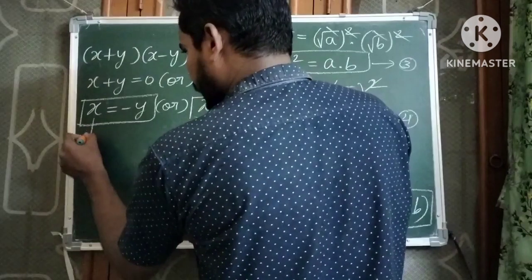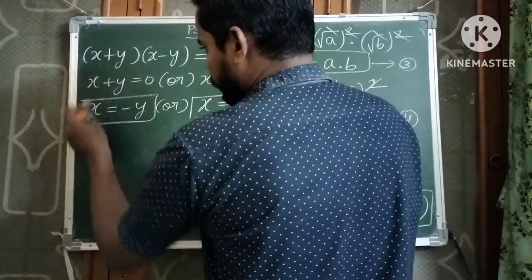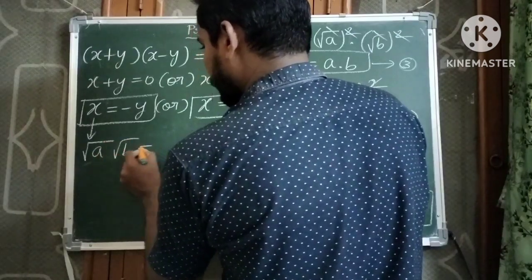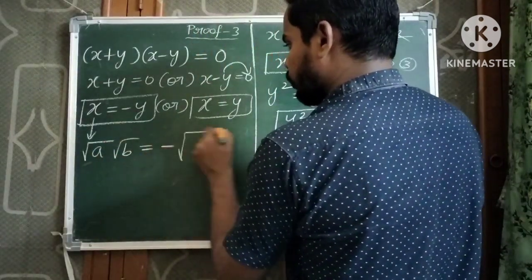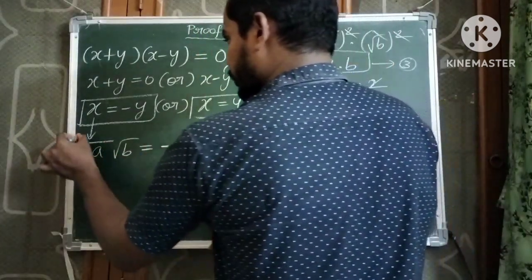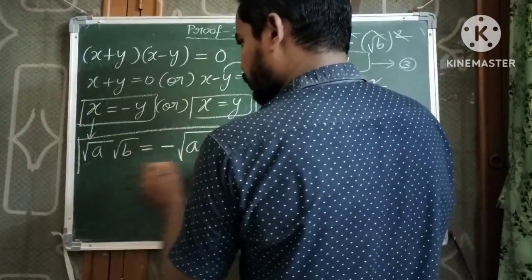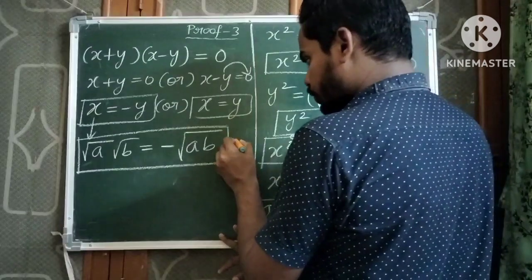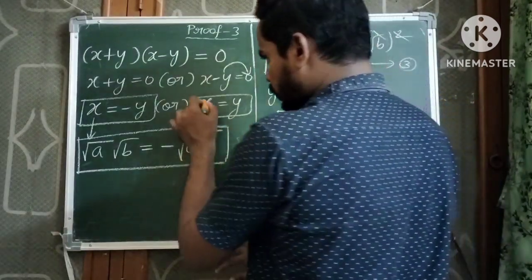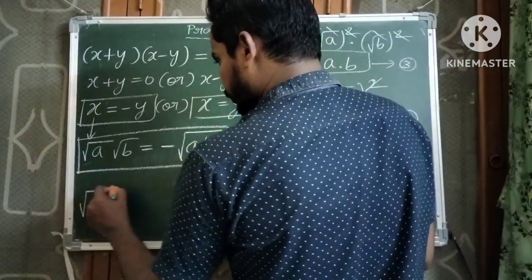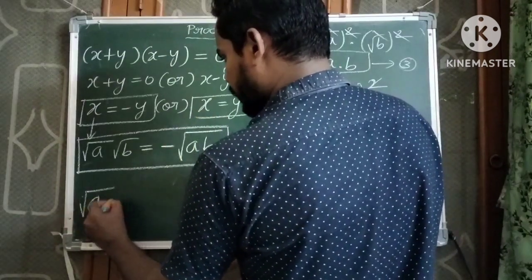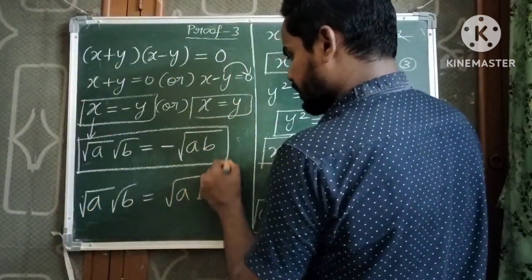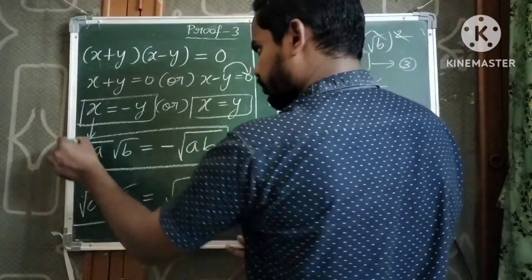What is the exact expression for x? x is equal to root a into root b, and y is root over ab. So root a into root b is equal to minus root over ab is solution number 1. What is the other solution? x is equal to y, root a into root b is equal to root over ab. This is my second solution.